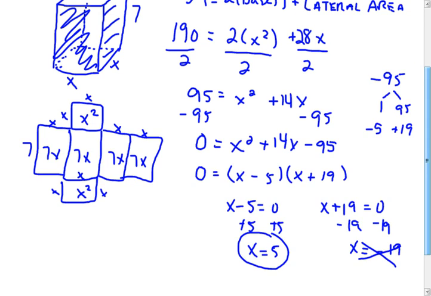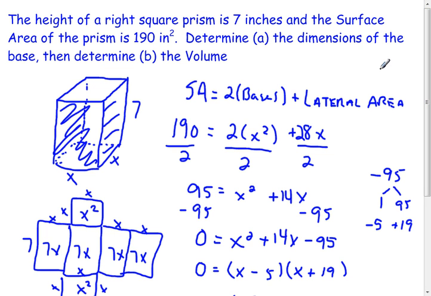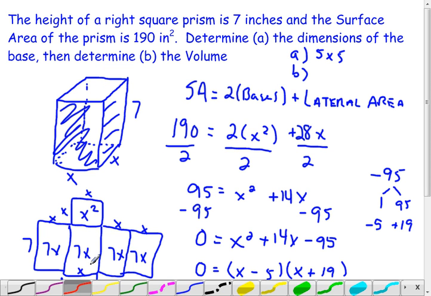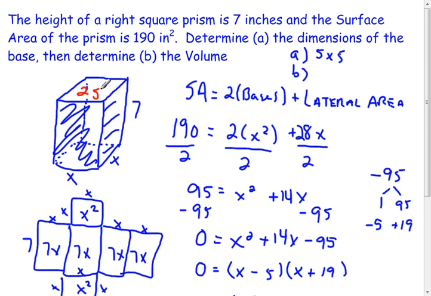Okay, so after all of that work, what did we answer? Determine A, the dimensions of the base. Well, the dimensions of the base are 5 by 5. So the answer to part A is 5 by 5. Then determine the volume. Well, the base now we figured out is 25, because 5 times 5 is 25. So I'll pick a new color here. We'll do red. The base is 25 inches squared.